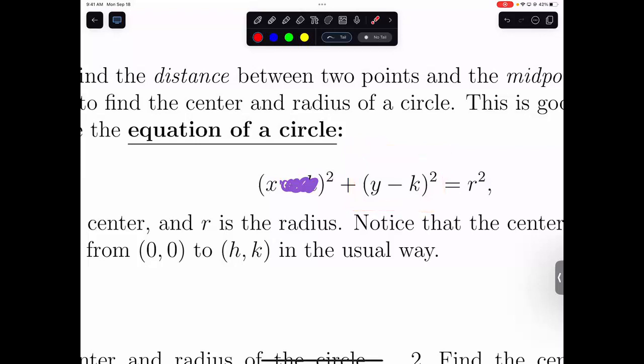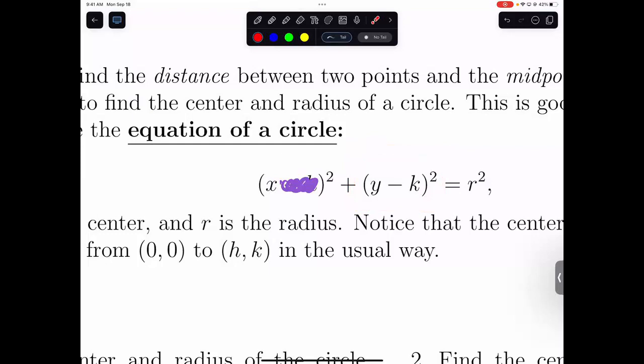There's a little bit of a weird thing here. Everything we've looked at up to this point, for the most part, we're talking functions, right? So we're writing y equals formula with x in it. This is not a function. A circle does not pass a vertical line test. X and y are on the same side of the equation here. Because everything's on the same side, how do you move stuff from one side of an equation to the other? You do the opposite, right? You subtract it or whatever.